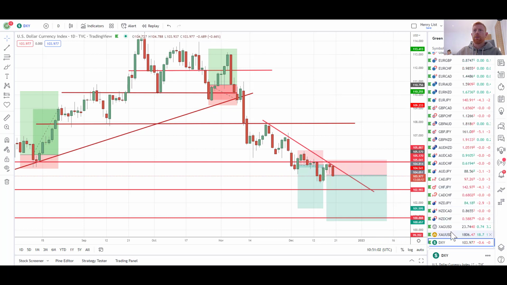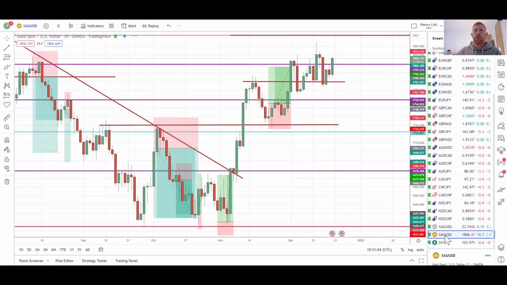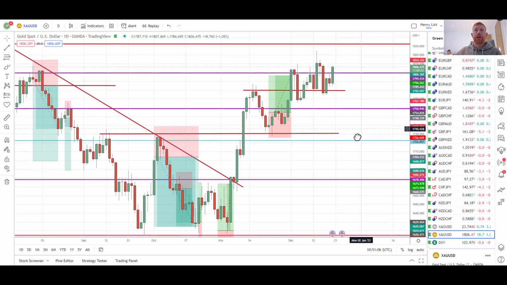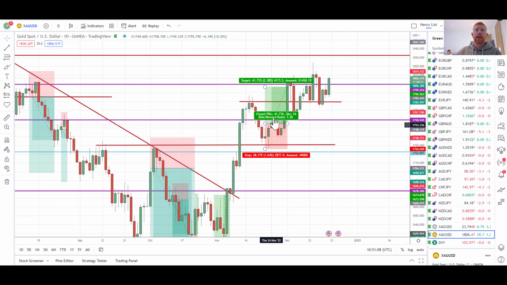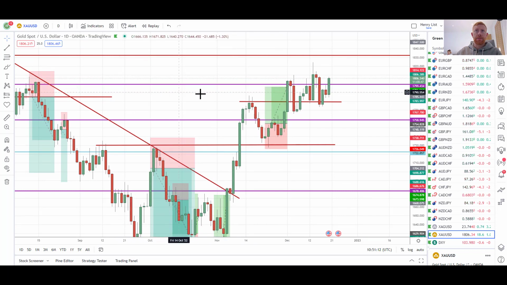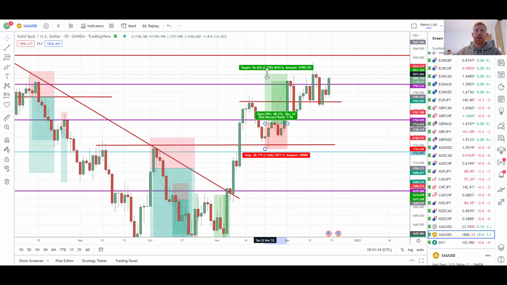So if we go over on to the likes of gold, it's pretty much similar. We got in here, went up to 2.38 to 1. We wanted out before that horizontal level there, but we could have actually had a 3 to 1 quite easily on this one. It went up to almost a 4 to 1 at that high.